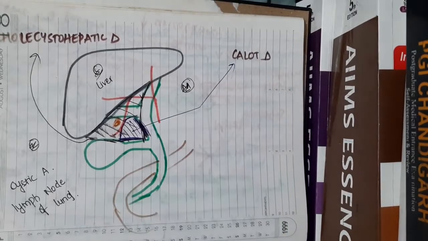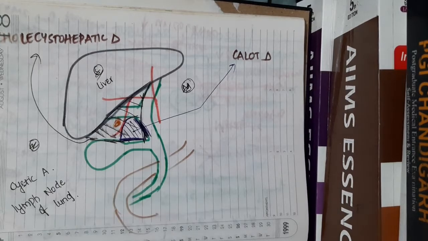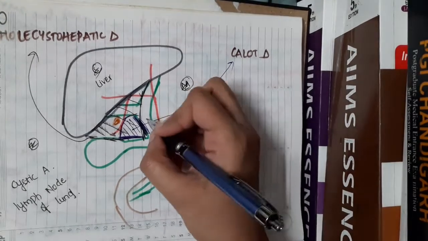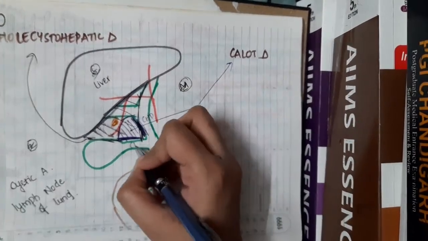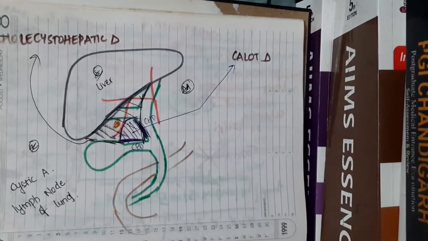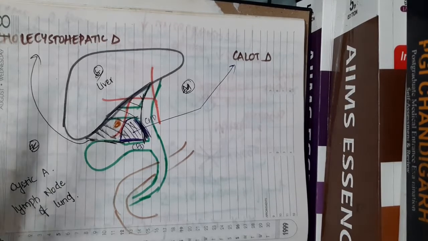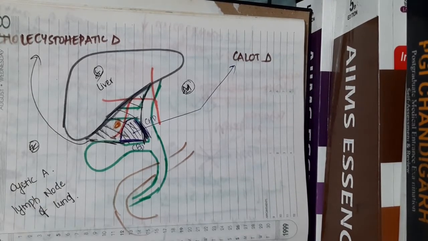So Calot's triangle is a part of the cholecystohepatic triangle. Okay, so this is about the two important triangles which are often confused.